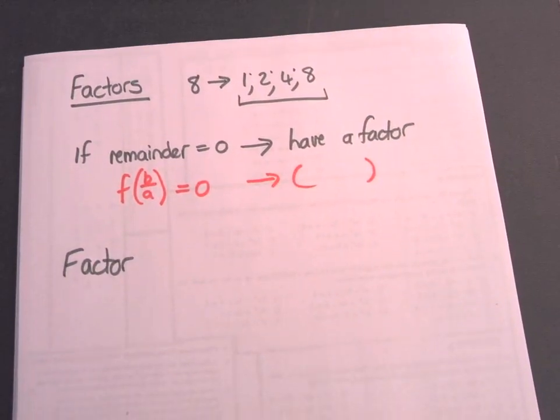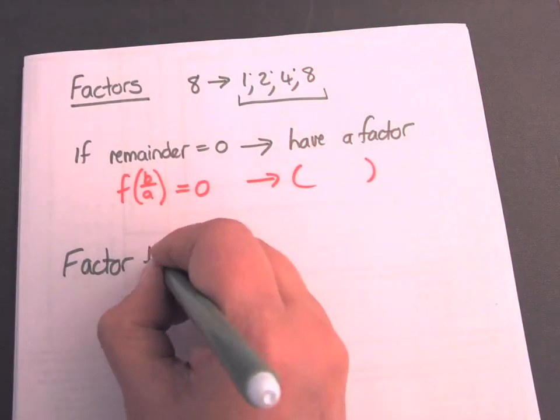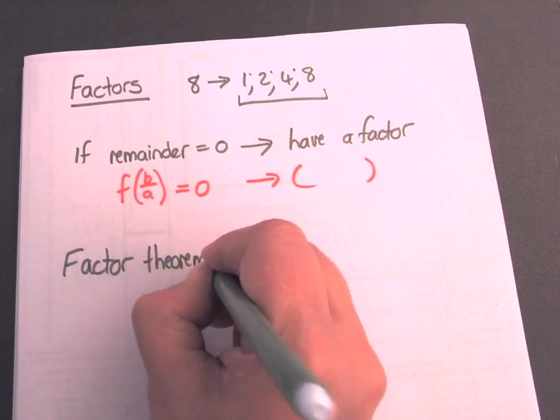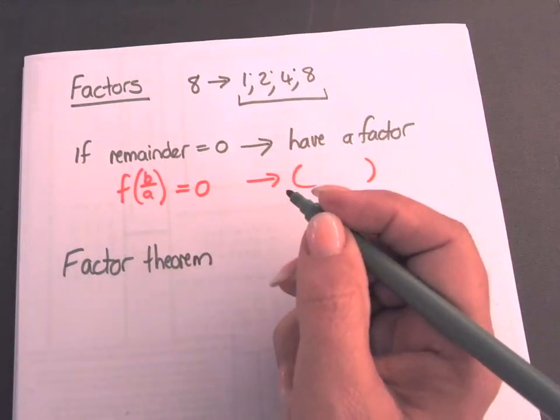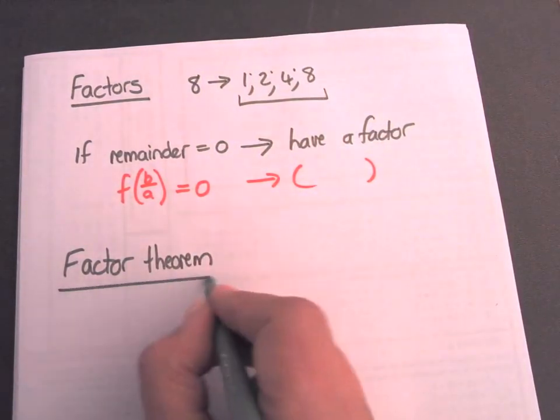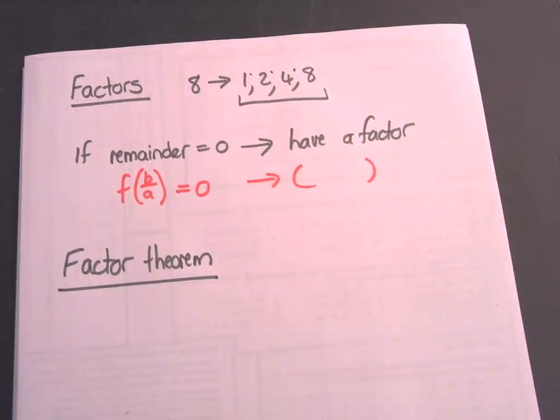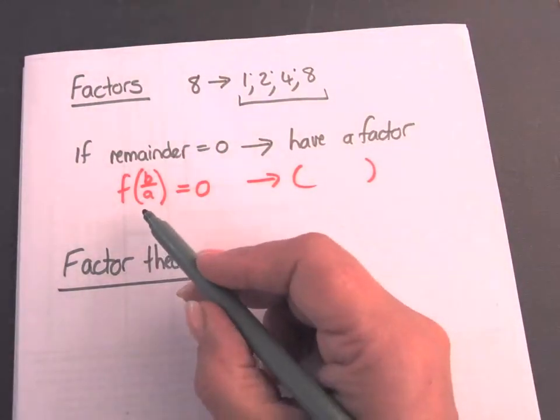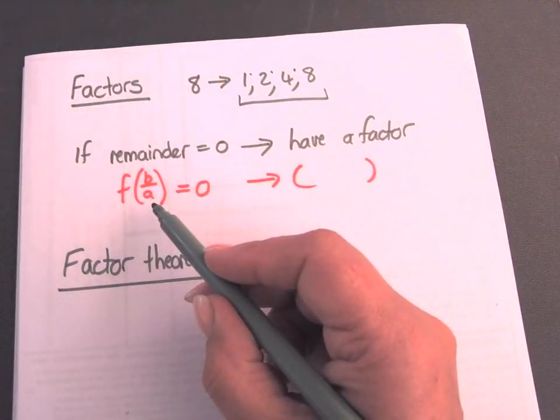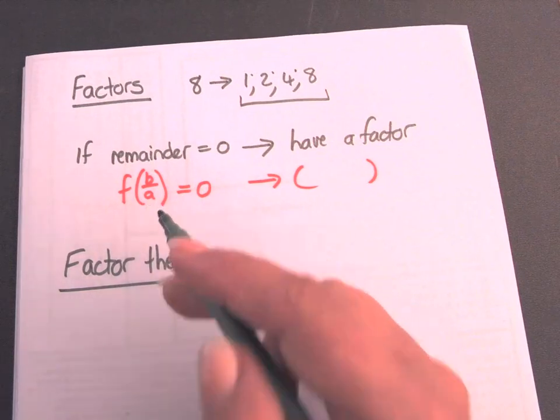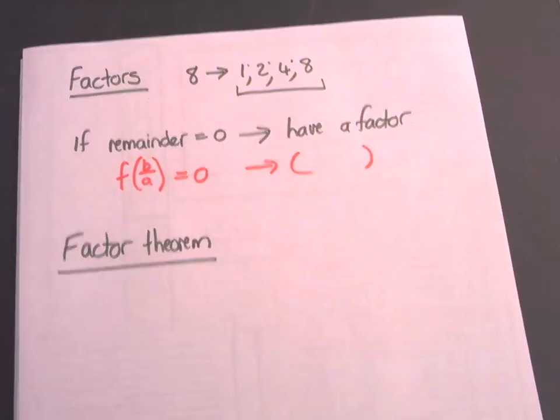Like before, if the function you give us is g(x), will the remainder formula be g of b over a? Yes. Okay.